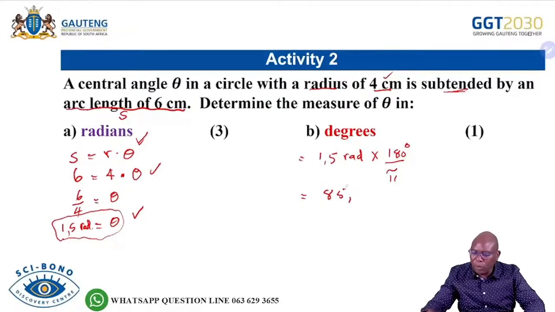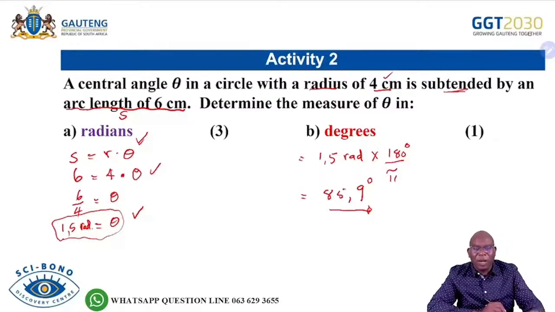So 1,5 multiplied by 180, then divide this by pi. The answer will be 85.9 degrees. Now it's in degrees.